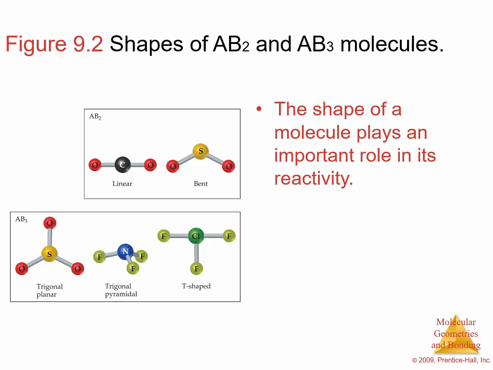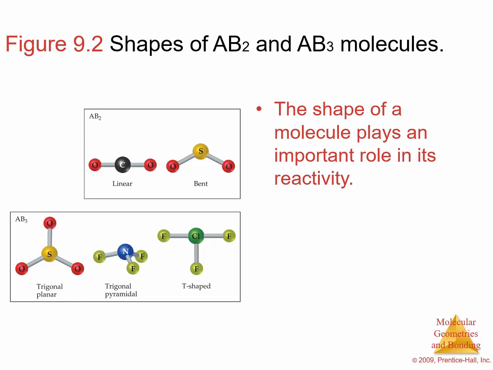So the number of shapes possible for ABn molecules depends on the value of n. For example, an AB2 molecule must be either linear or bent, whereas for an AB3 molecule, the two most common shapes place the B atoms at the corners of an equilateral triangle.